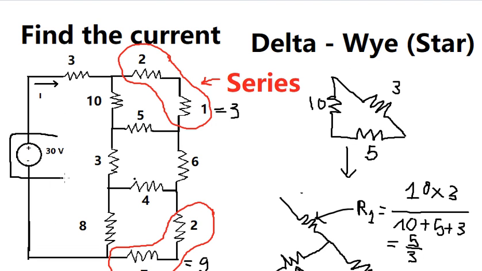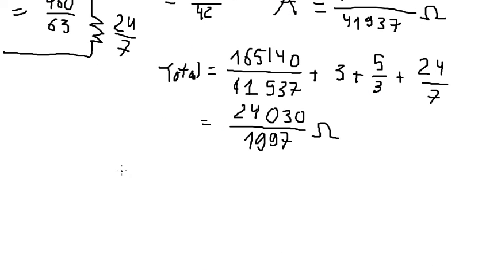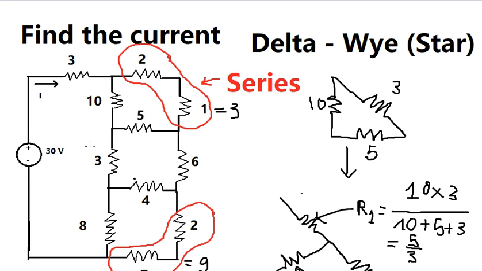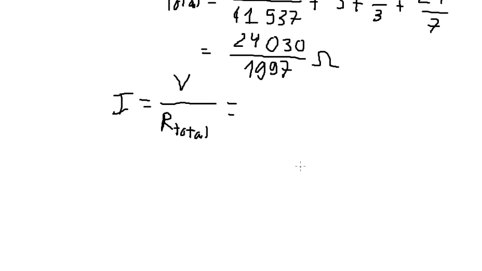So we have the voltage. So we have I equals V divided by R total in here. V is 30 volts. So we have 30 in here. We divide by this number in here.